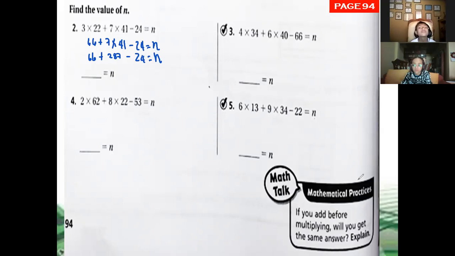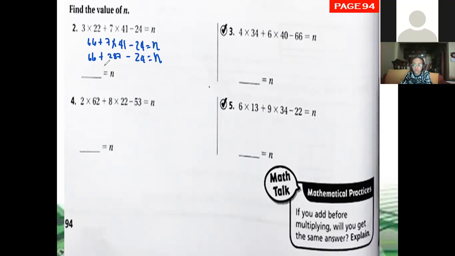You can say it again. 66 plus 287. I think it's 13. 6 plus 7 is 13.